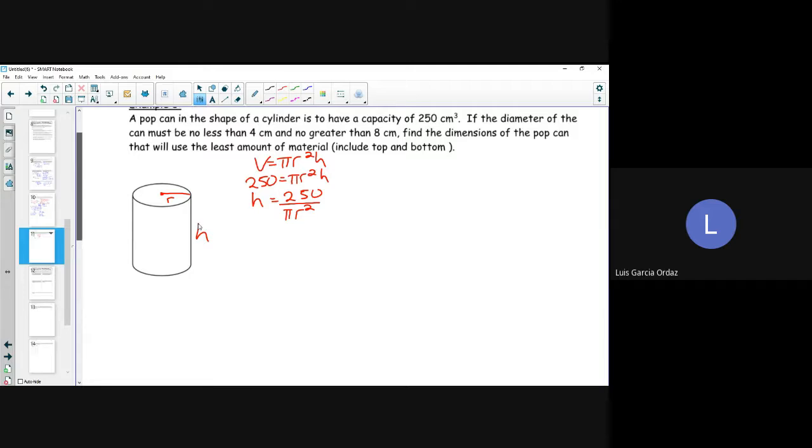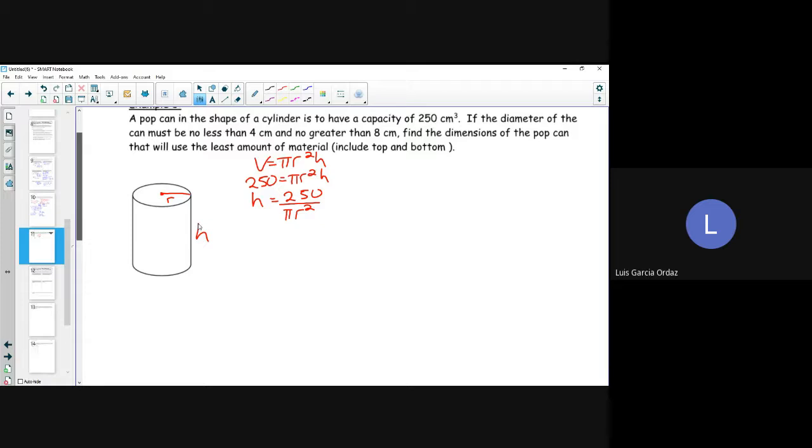Now, because we're talking about the dimensions of the pop can that will use the least amount of material, what other formula do we need to use? When I talk about how much material I need, what measurements are we looking at? Surface area.